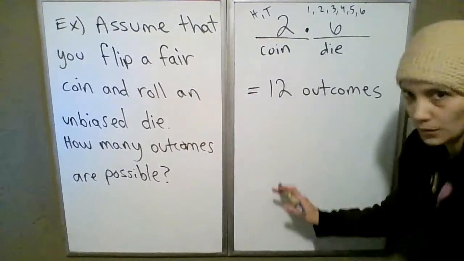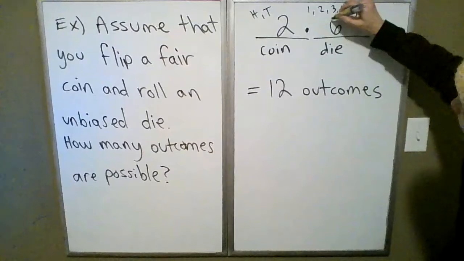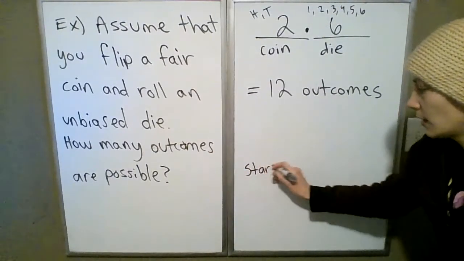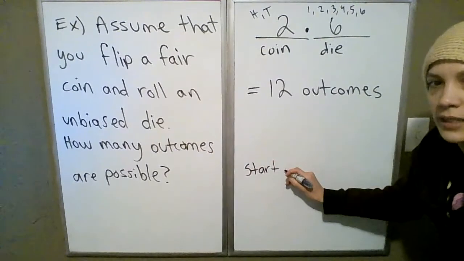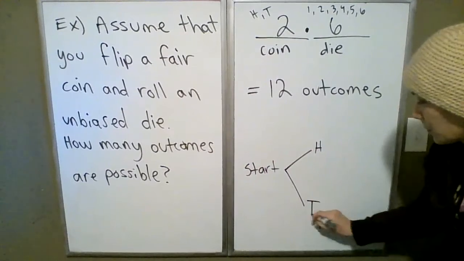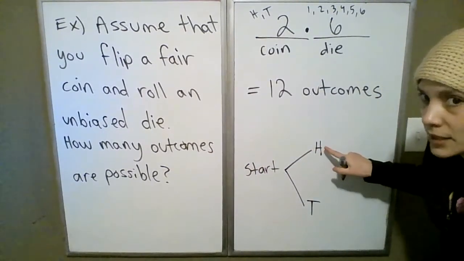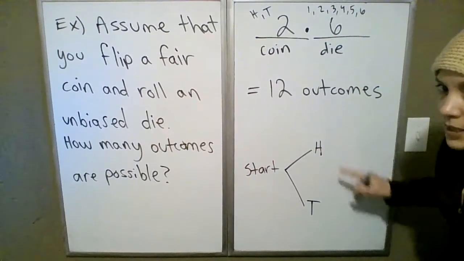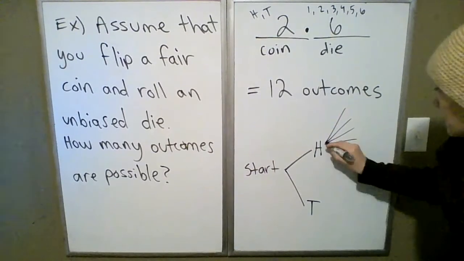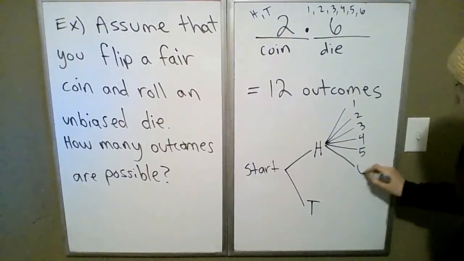Okay, we're going to start what the tree diagram would look like, but then move on to a different experiment. So you start, and the first thing you do is flip a coin. You can have heads or tails. After that, you roll your die. So you can roll 1, 2, 3, 4, 5, or 6. And same here.